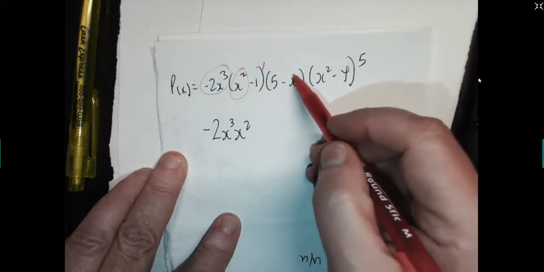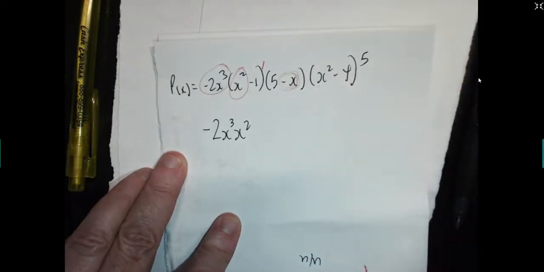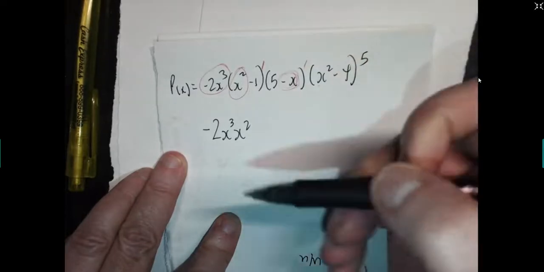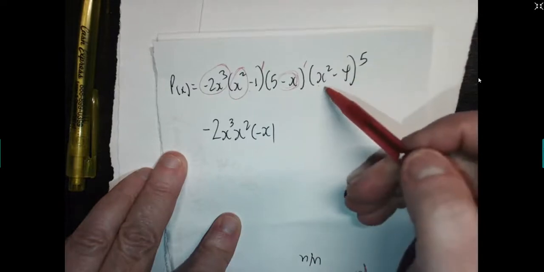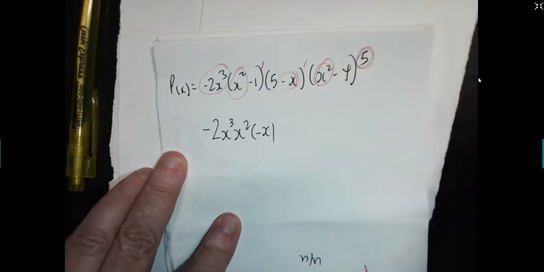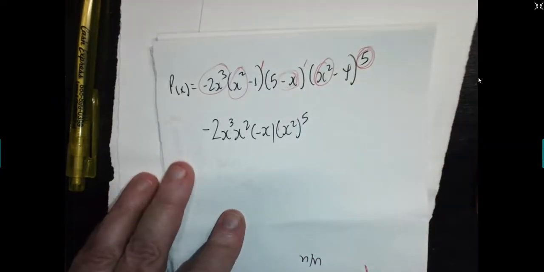The leading term inside here is negative x. So think of that as being written as negative x plus 5 to the 1st power, so which is just negative x, times the leading term inside here to the 5th power. That is the leading term for that expression.